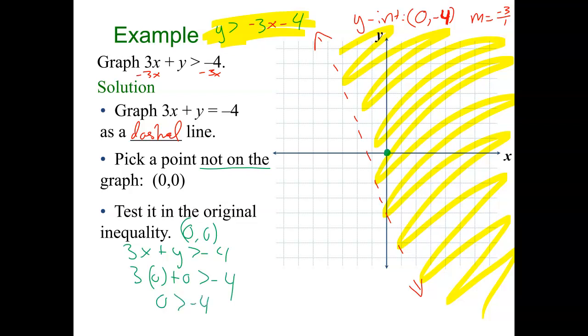Is that a true statement? Yes, 0 is greater than all of my negative values. So since that statement is true, I did my shading correctly.